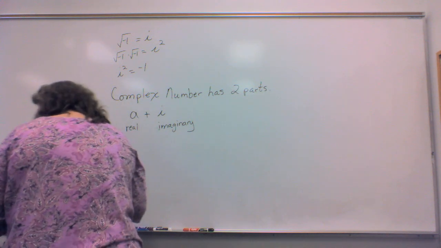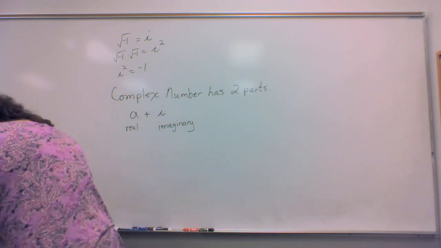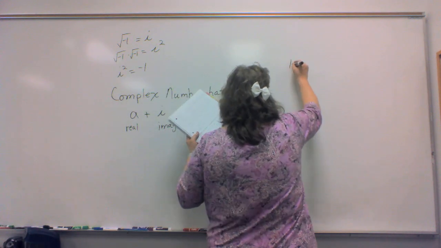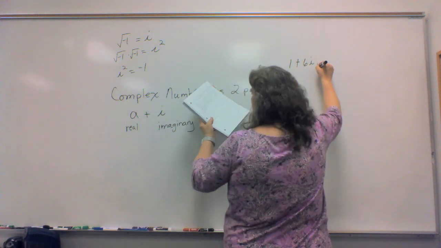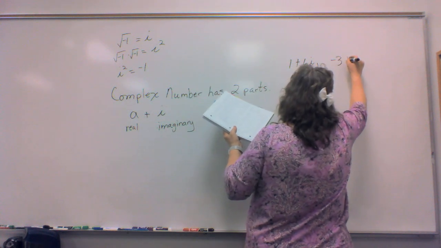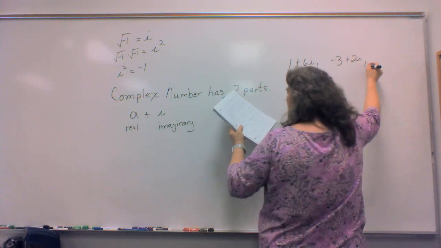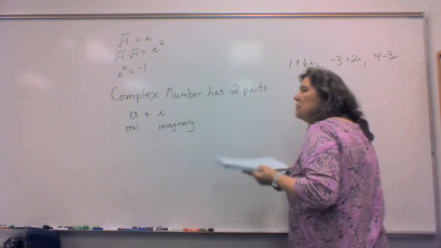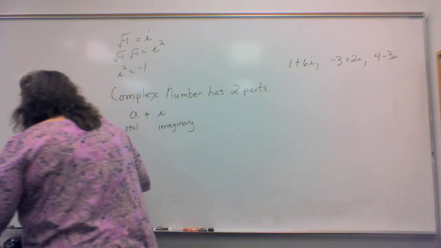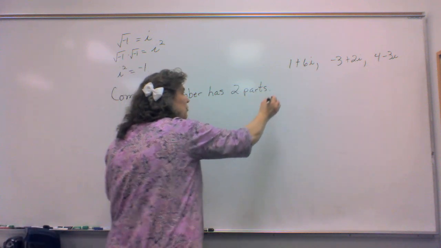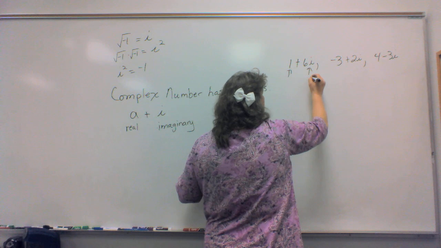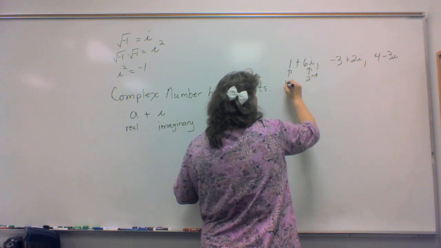So let's look at doing this. So here's some examples of these: 1 plus 6i, -3 plus 2i, and 4 minus 3i. These are just examples of complex numbers, and notice the real part is always first, the imaginary part is always second.